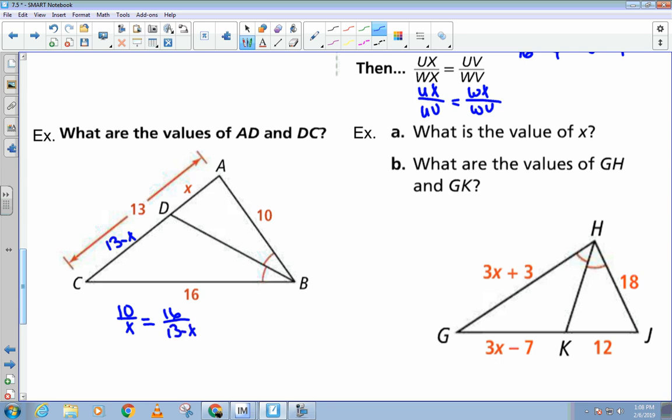You could do that. You could have also done 13 minus x is to x as 16 is to 10. I just want to show you both ways. When you cross multiply, you do the same thing. Whichever way you're more comfortable with, doesn't matter. So we cross multiply here, and we get 130 minus 10x equals 16x. Add 10x to both sides.